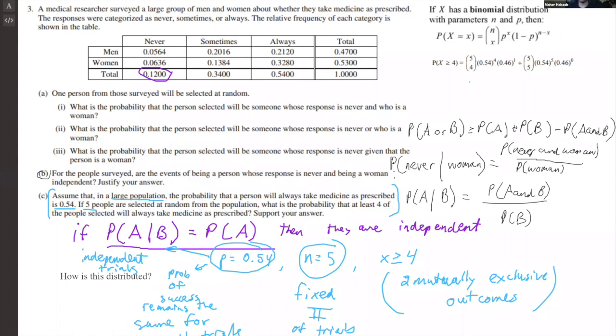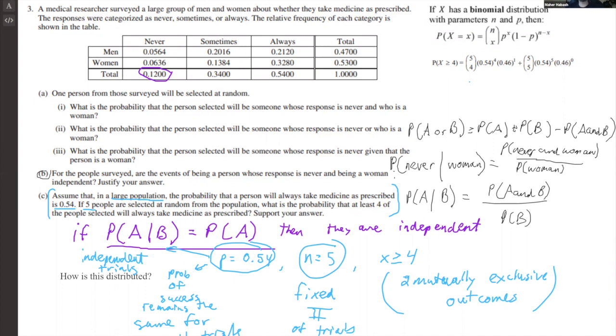So if you want less than 4, you do the binomial CDF of 3. Does that make sense? It only calculates that value or less. So if you plugged in CDF of 4, that's the probability of 4, 3, 2, 1, or 0.